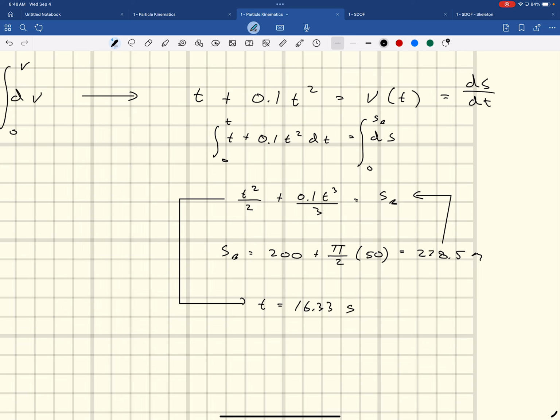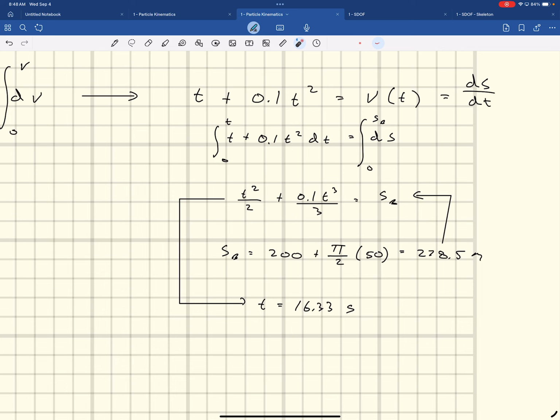And again, you're like, where are we headed here? Well, I'm after what the velocity is at the point around the corner, at point B. And now I can get it, because now I know how much time it took me to get to that point. Then I can just go back up to this velocity equation. Now I have a velocity as a function of time. I can take this and put it back in there, and I can tell you what the velocity is at that position right there.